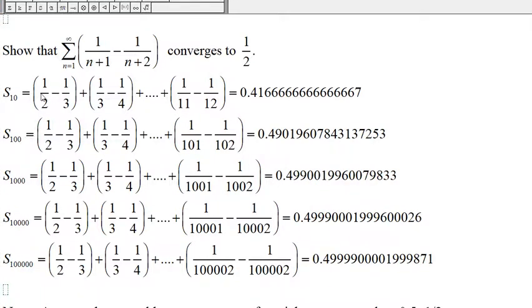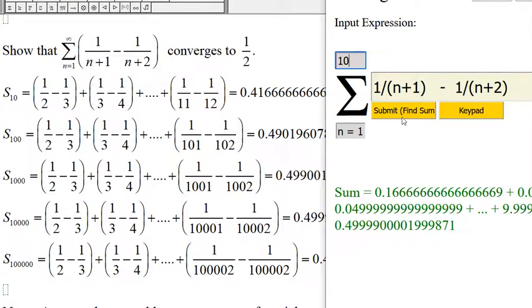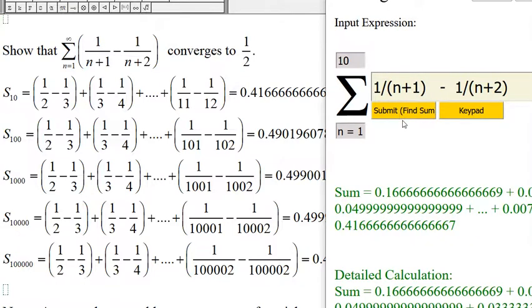So this is the sum of the first 10 terms, and if we run this program here and add the first 10 terms together, we get 0.41666666. Now the sum of the first 100 terms: when n is 100, we get 101 here and 102 here. Let's add the first 100 terms together.